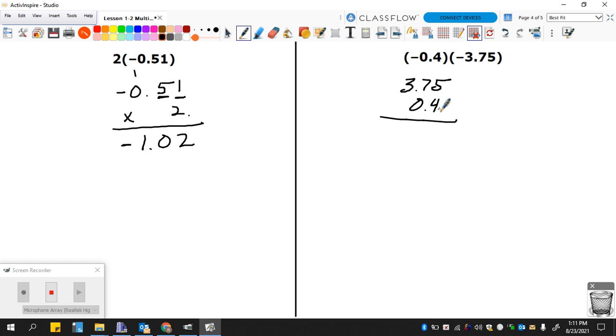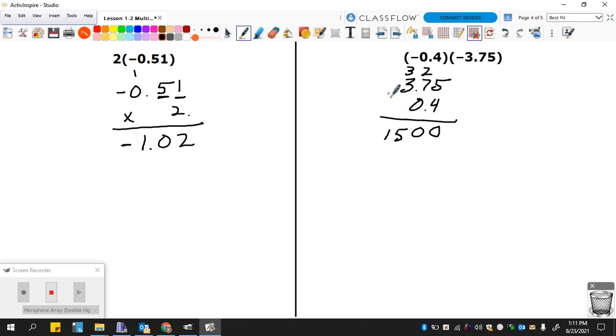Because the answer is going to be positive, I'm not going to worry about the negatives. 4 times 5 is 20, carry the 2. 4 times 7 is 28, plus 2 is 30, carry the 3. 4 times 3 is 12, plus 3 is 15. We don't have to worry about this 0 here because it would just be 0, 0, 0.